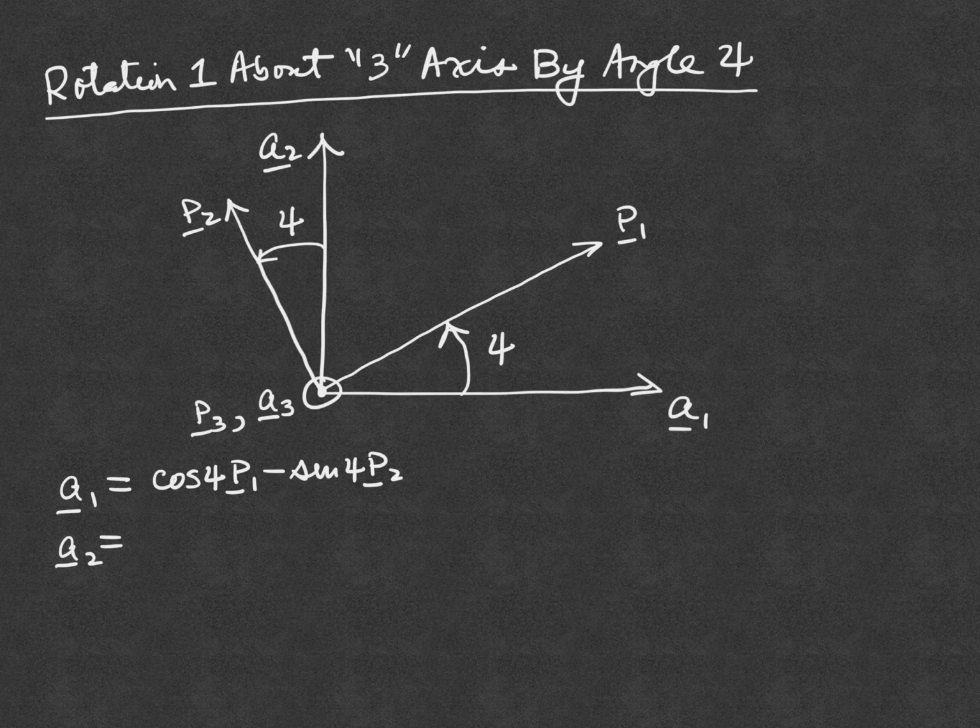A2 equals the sine of psi times P1 plus the cosine of psi times P2, and A3 is equal to P3. Now using the relationships between the basis vectors A1, A2, A3, and P1, P2, P3, I can develop the transformation from A to P.